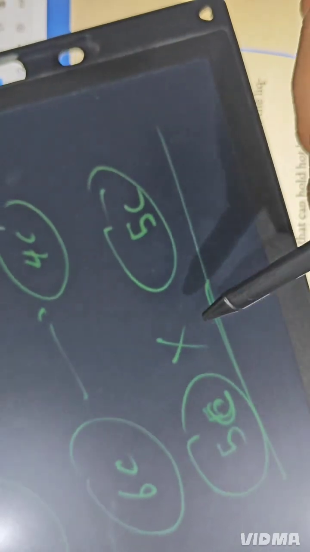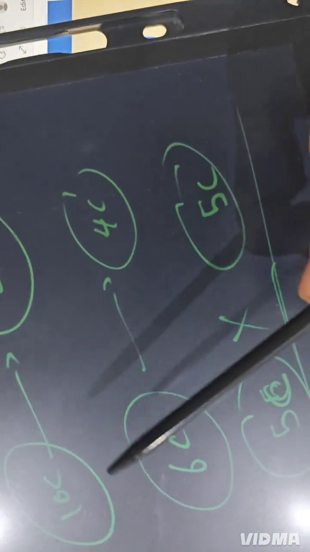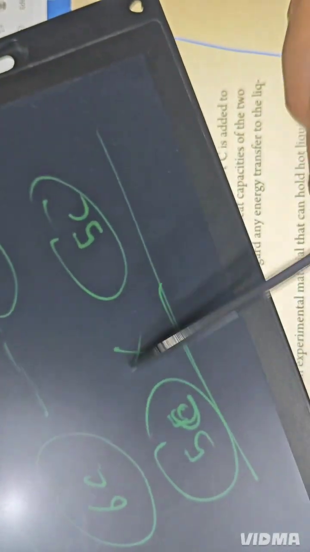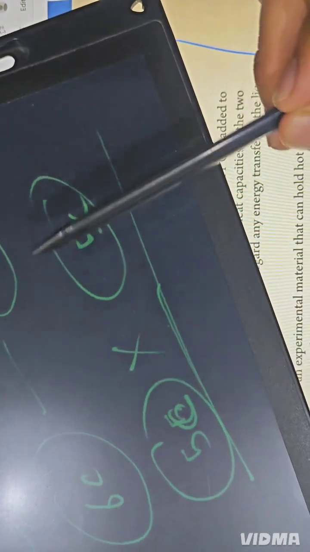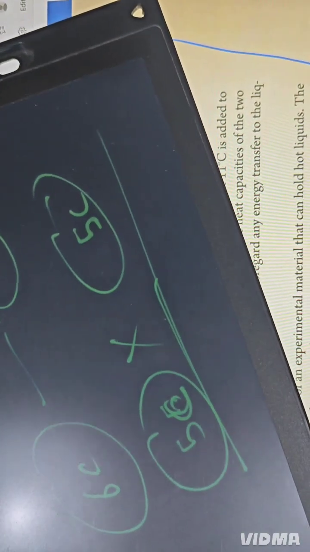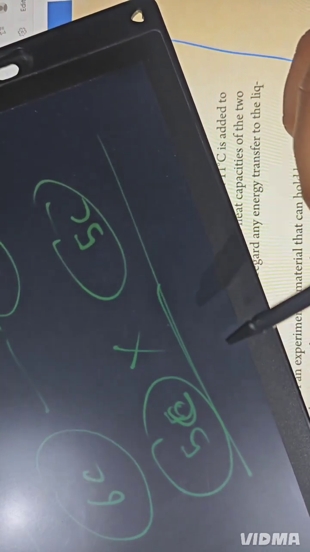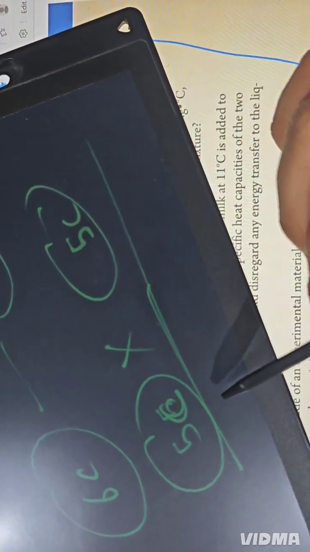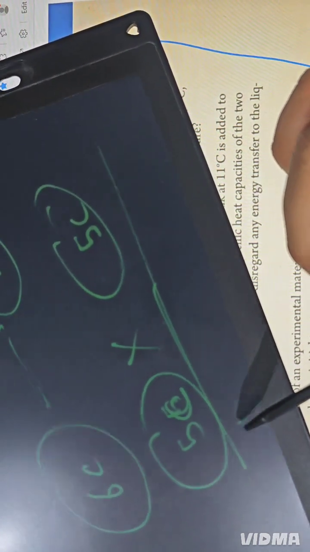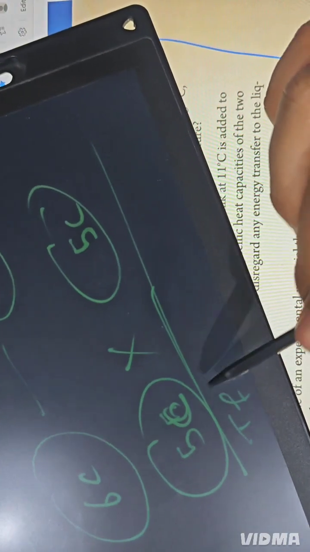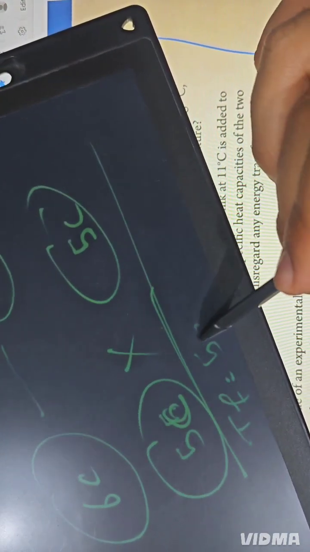If you remember, I told you from the beginning there is energy transfer, but in the last step, when both objects reach the same temperature, this becomes thermal equilibrium. In that case, TF, the final temperature for both of them, equals 5 Celsius.